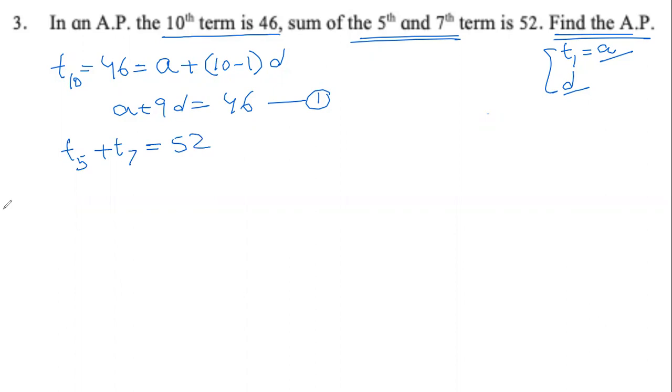But once again, T5 and T7 will not help us. We need to write in terms of A and D. Try to change this. Write the same equation using A's and D's, not T's. Give me the first step, just the first step. We will simplify later.